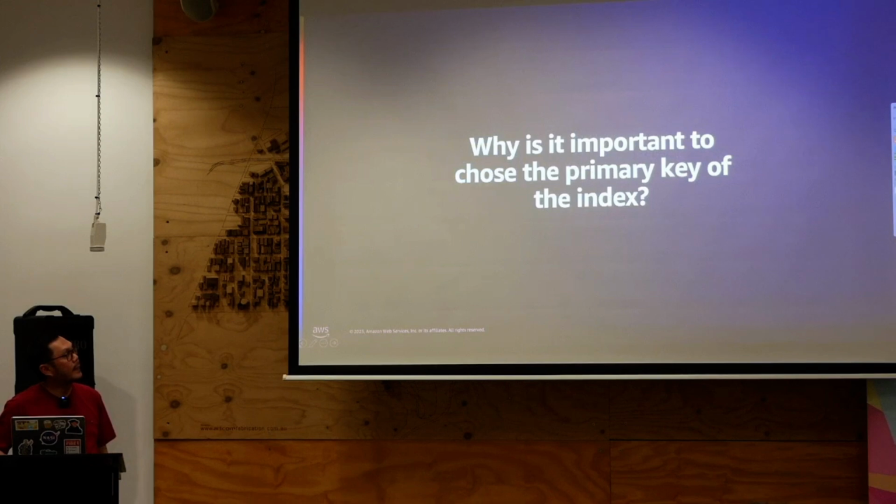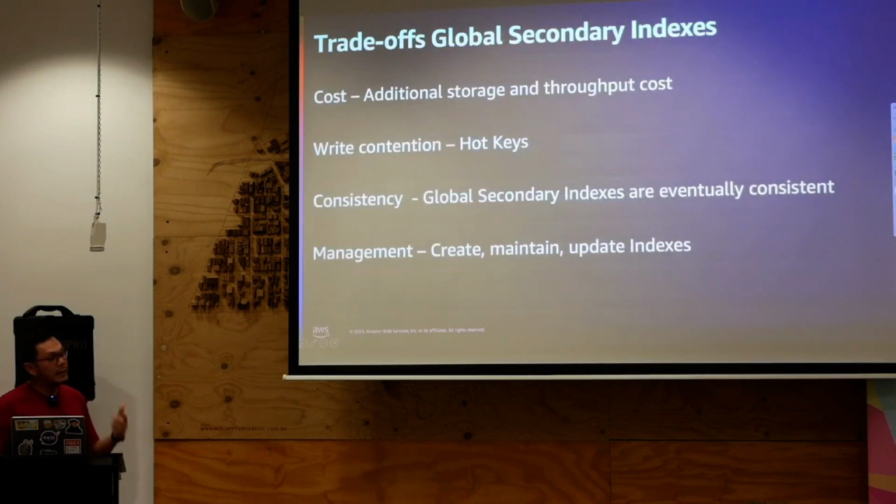Okay. Why is it important to choose the primary key of the index? It's a similar issue that we find with the base table, right? Whenever you create a GSI, when you write data into the table that is replicated to the GSI, you have to pay both. You pay for the write into the base table, but also the write to the GSI, so it's additional cost and storage.